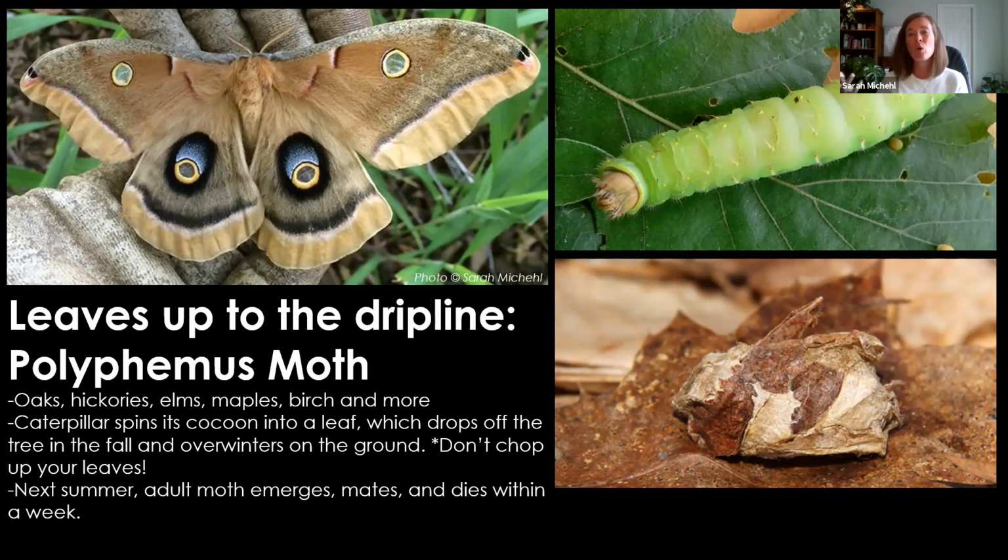So when you're chipping up your leaves or raking and discarding them, it's these insects that you're getting rid of. When you do that constantly throughout the year and the season, you're getting rid of a lot of these insects that so many of us are now aware of and that need our help.